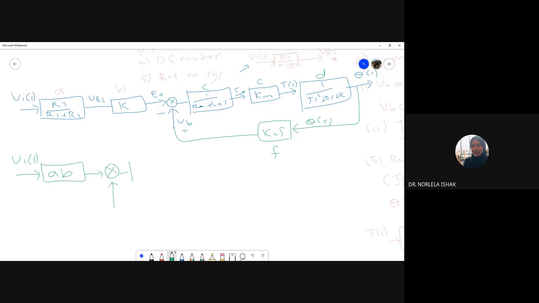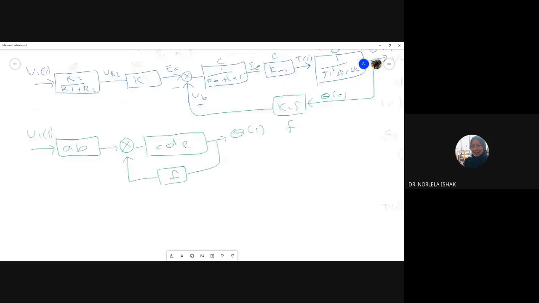And then here, what is this inside this block? CDE. Okay, good. CDE. And then you have to feedback with F. Okay, this is your output. So you have to simplify the feedback and after that the gain you cascade with AB. Senang je kan? It's very simple, betul tak?